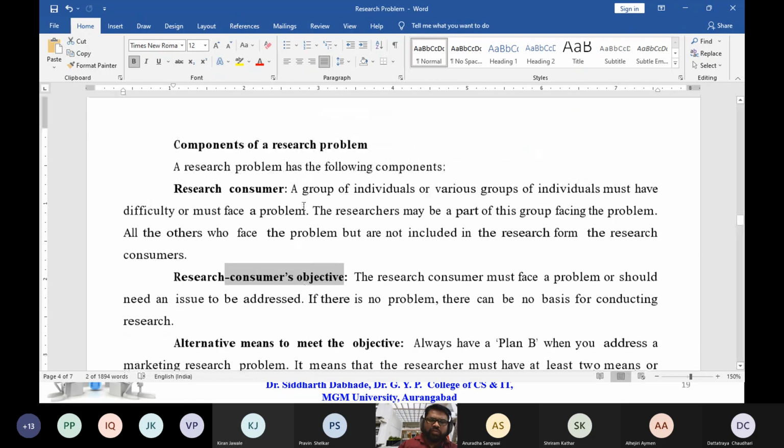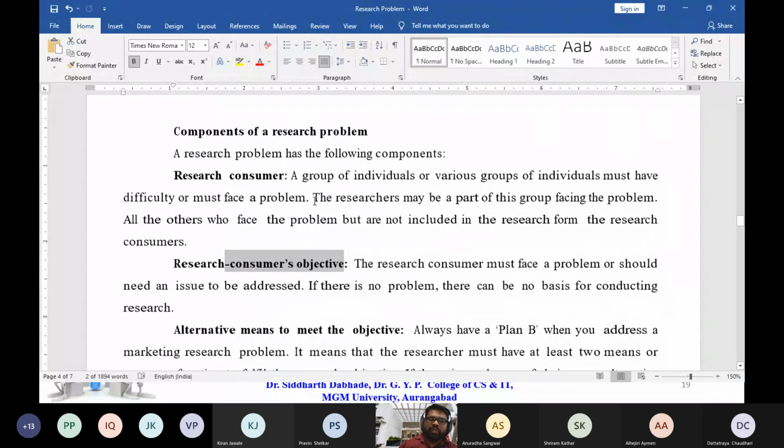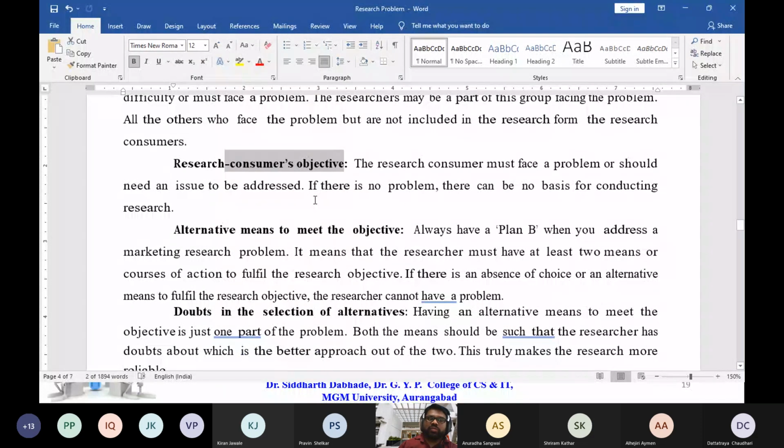Okay, so whenever you are trying to define your research problem, you need to consider consumer support, consumer objectives, and also decide what the alternative ways are to solve your research problem.